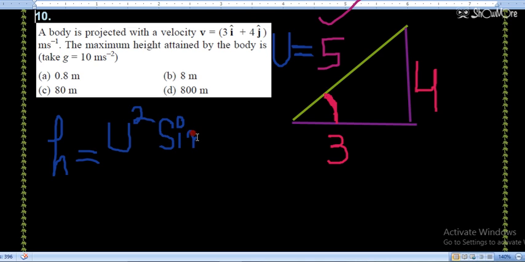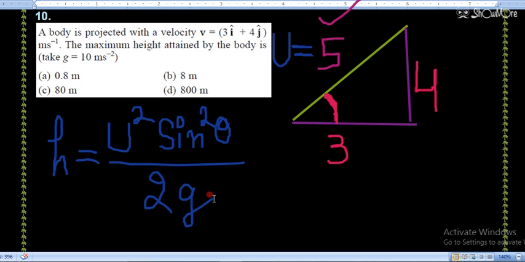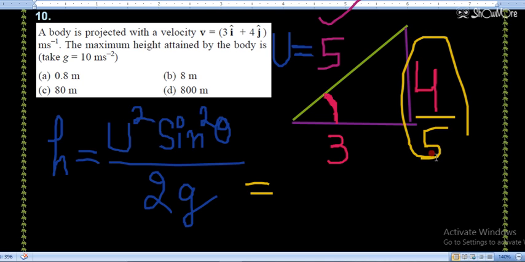So from this triangle we will find the value of sin theta, and then we will square it, because we need sin square theta. And in the maximum height relation, we have to remember that in the denominator we have 2g. So this is the relation for maximum height. Now from this triangle, perpendicular by hypotenuse, 4 by 5, this will be the value of sin theta.